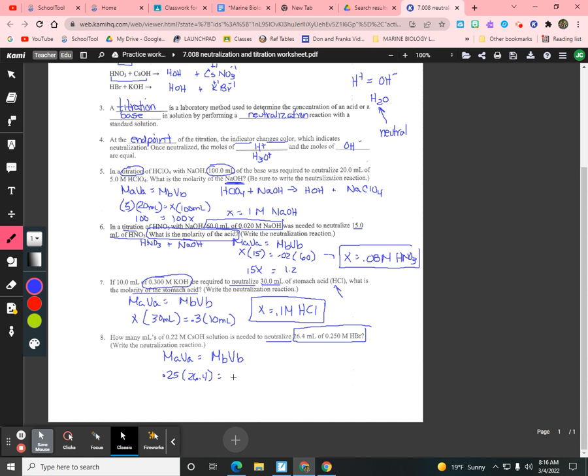The molarity of my base is 0.22, and I want to know the volume. Now it's just a matter of doing math. What's 0.25 times 26.4? It's going to give me 6.6 equals 0.22x. And I'm going to get x equals 30 milliliters. And I should probably label that CsOH, cesium hydroxide.